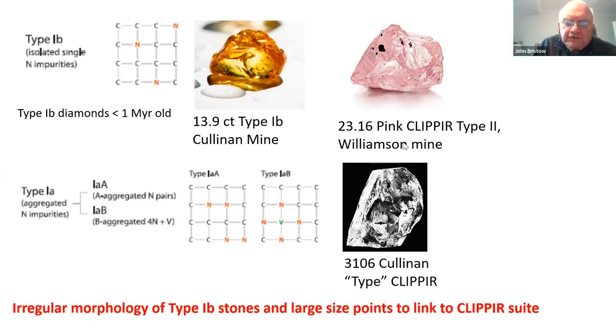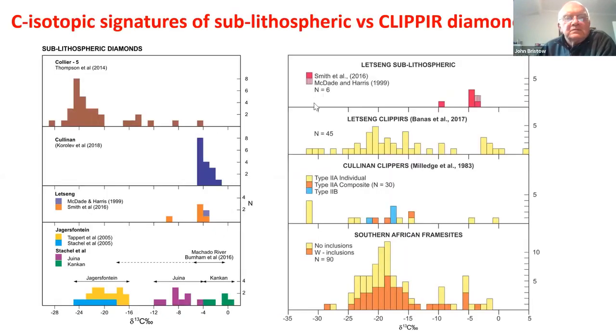I mean, the other thing that works quite well, obviously, Andy, is the light carbon isotopes. That feature also seems quite consistent. These are the isotopic signatures of sublithospheric suites. And you can see that some of them go down to light isotopic signatures. A lot of them, at individual localities, are heavier.